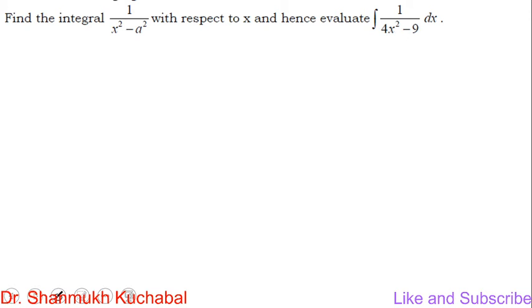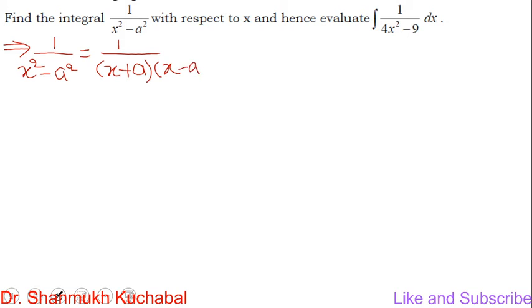The question is integrate the function 1 divided by x square minus a square. So I take this function 1 divided by x square minus a square. This can be written as 1 divided by, since a square minus b square can be written as a plus b into a minus b.